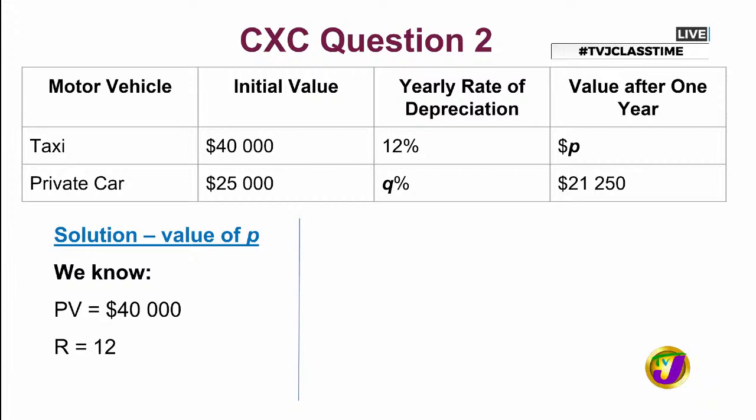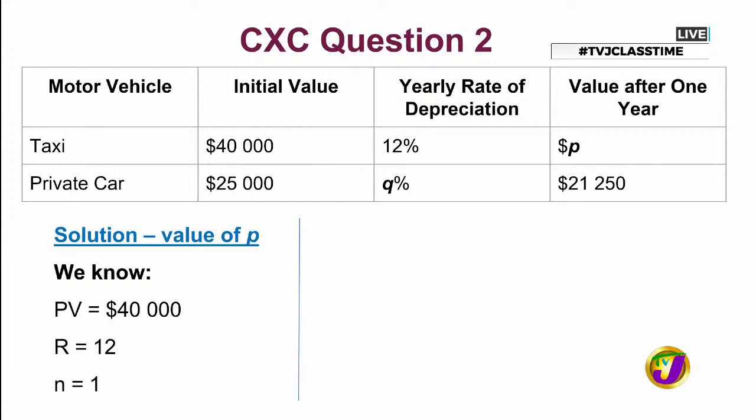Our R here is 12, which is coming from the 12% yearly rate of depreciation. And the number of periods, in this case, it's years we're talking about, is equal to 1 because we're finding the value after 1 year. And I would want to point out to our students that you have to focus on the question because there is a 2-year question there, but that's not the question for this question.